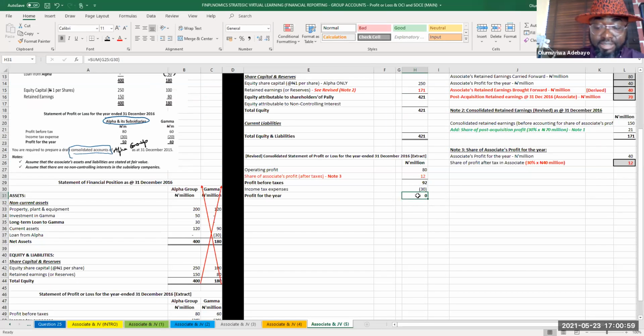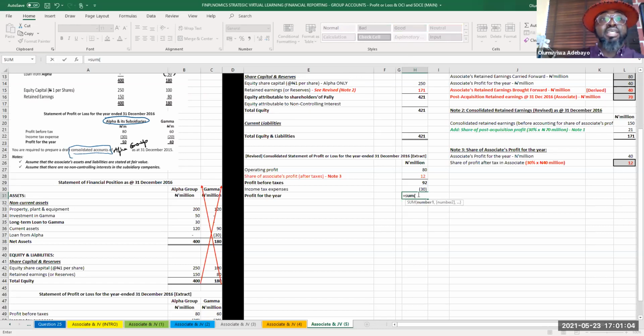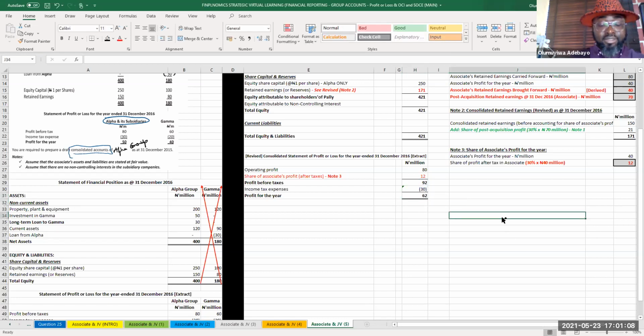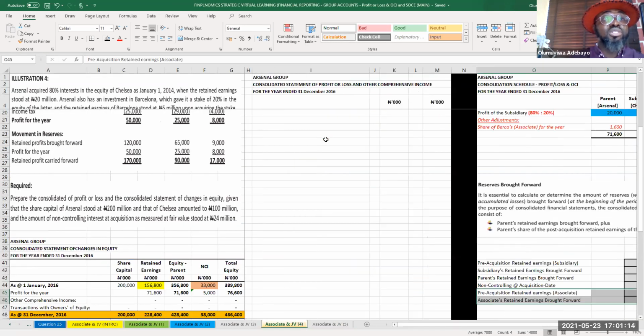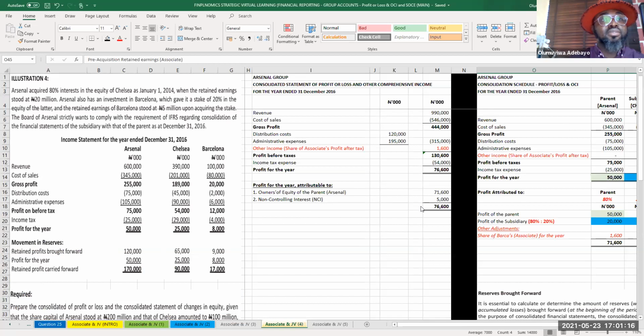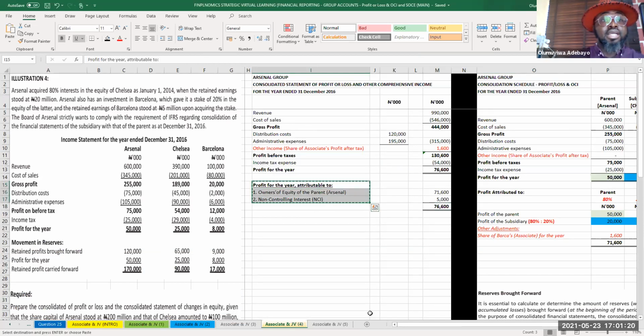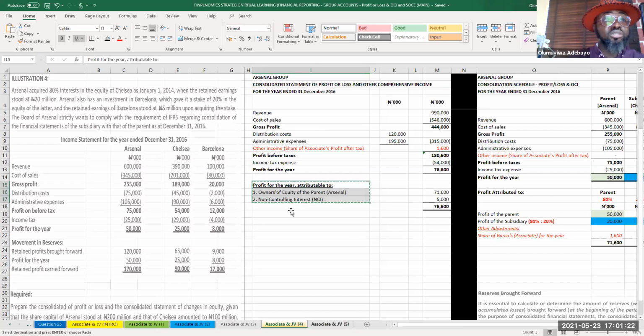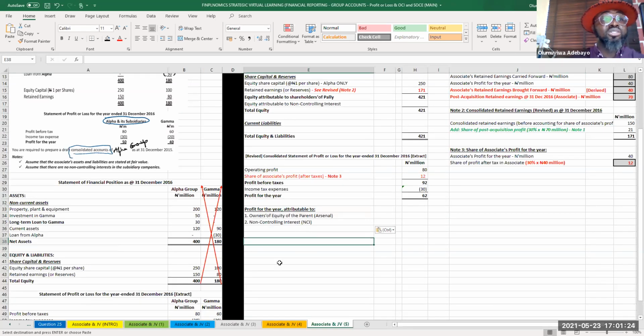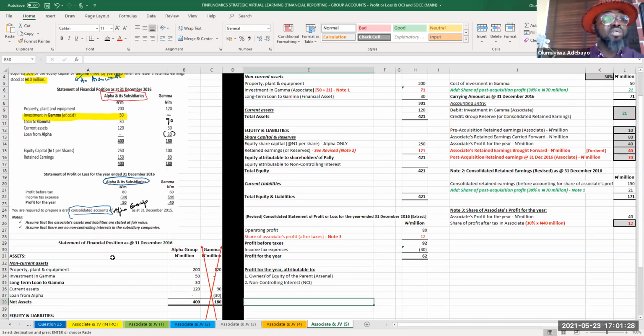And at the end of the day, our group profit for the year stood at 962. And these profits, based on our tradition, have to be attributed between non-controlling interest and NCI. But in this question, there's no non-controlling interest because the parent owns the subsidiary under what?